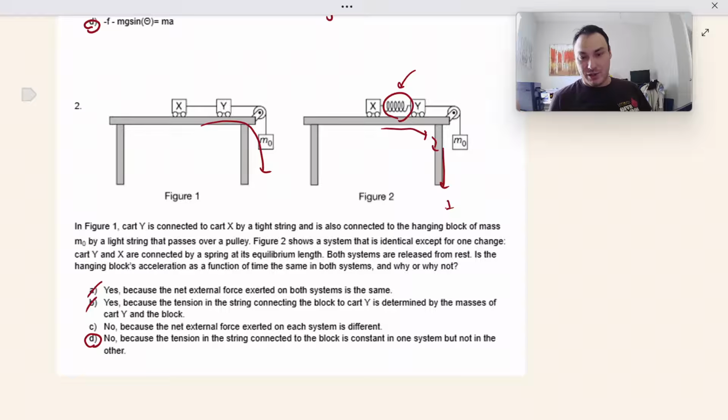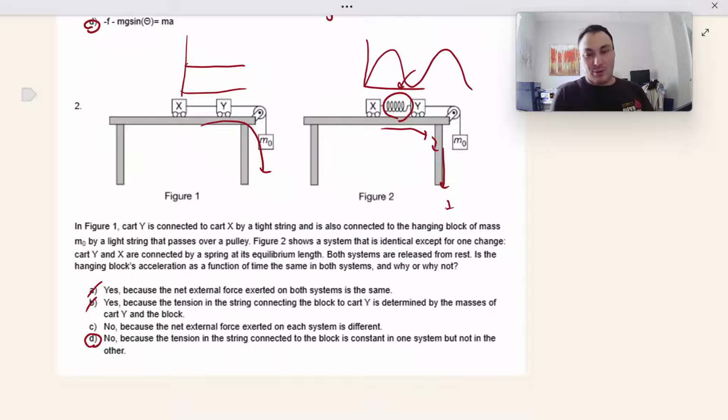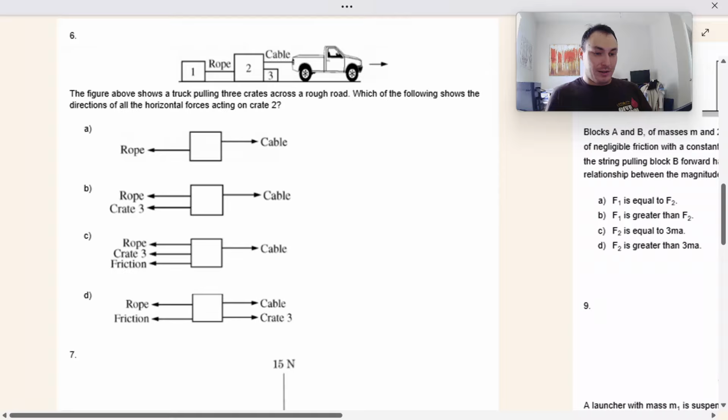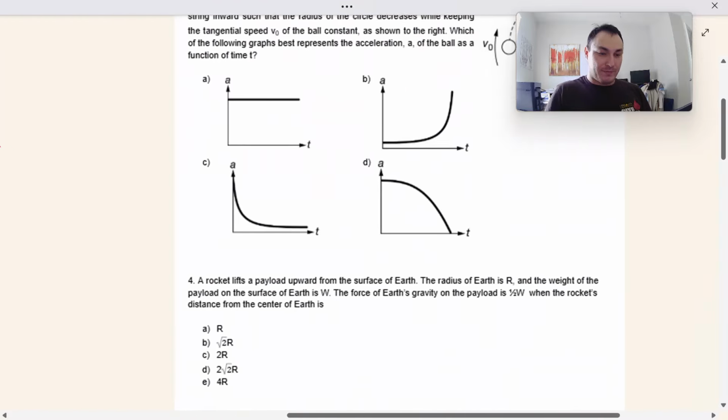Its net acceleration is going to be the same, but not its acceleration versus time graph. This one's acceleration versus time graph is going to be a nice consistent line, and this one's is going to fluctuate. They're both going to end up with the same velocity at the end though, theoretically.